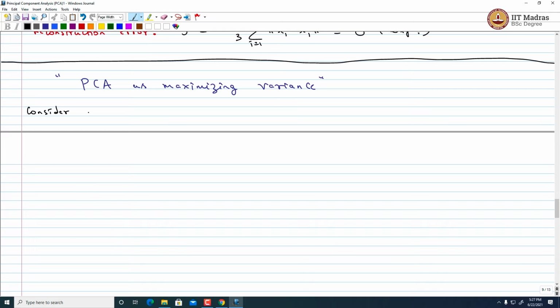We've done projections before. If you go back to those notes and brush up, this segment will be a lot more accessible. Consider projection onto a line given by a unit vector u1.